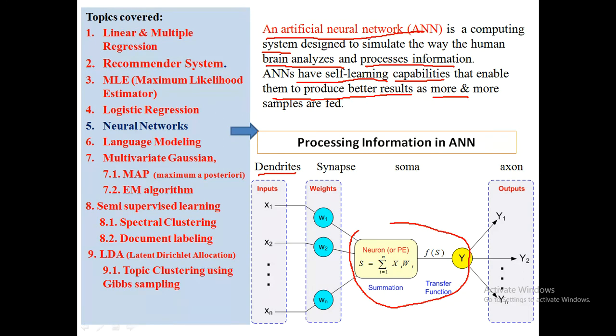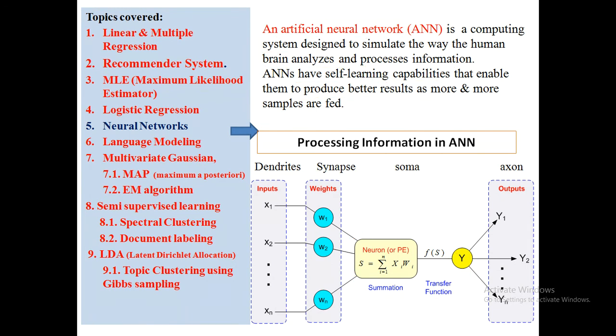So this collectively is called the soma, and the output is called the axon. We have seen a set of activation functions like linear activation function, sigmoid activation function, ReLU activation function, and corresponding derivatives also. It was only the introductory part, so I'm not going to cover different learning methods and backpropagation algorithms.